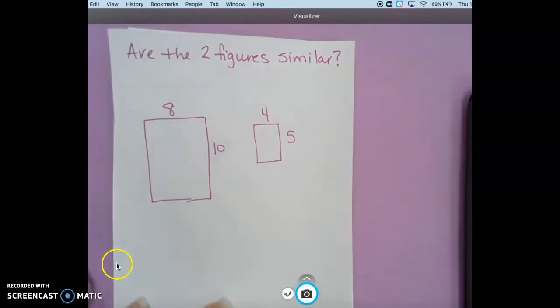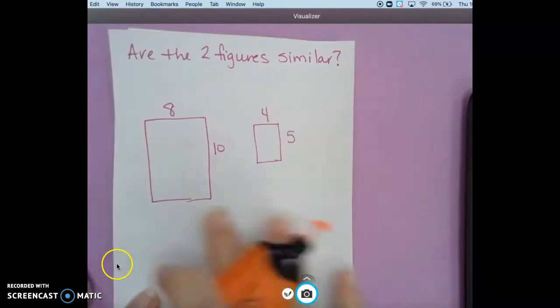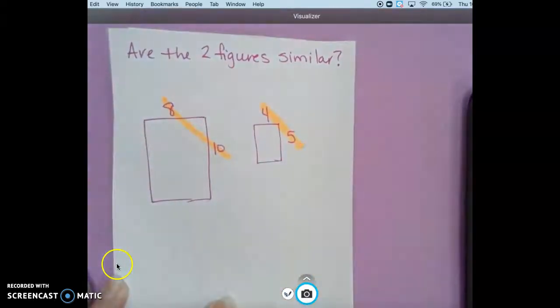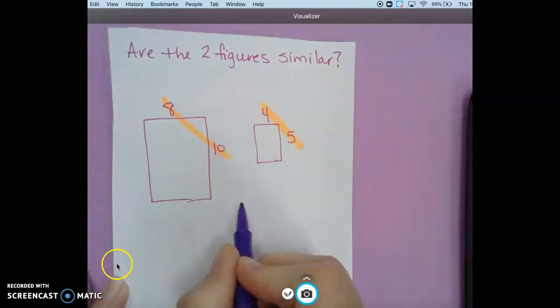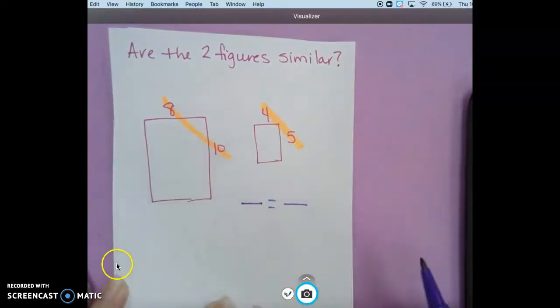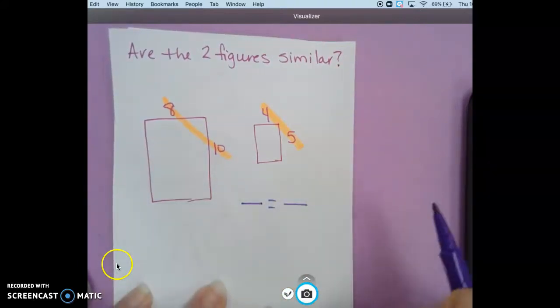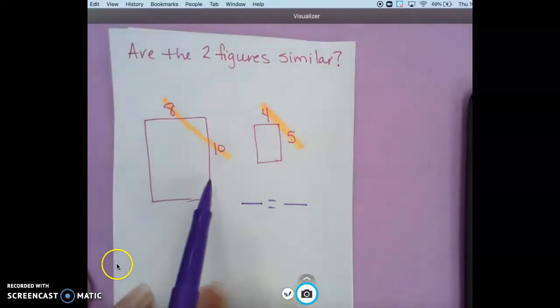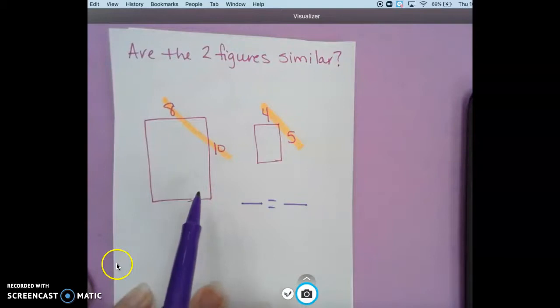What we're going to do, first of all, we need to make sure that our two polygons are in the same position, which they are. Sometimes I just highlight it because it makes it easier to see. I'm going to set up two proportions just like we've been doing for a couple weeks now. This is the top and then the side, or you might say the length and the width.